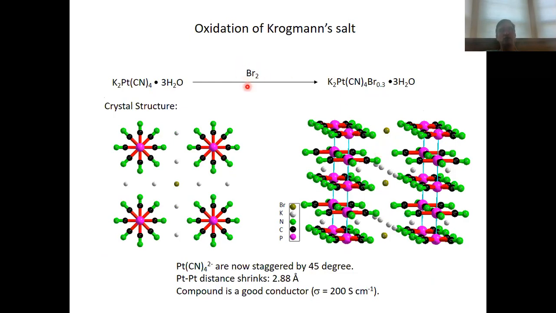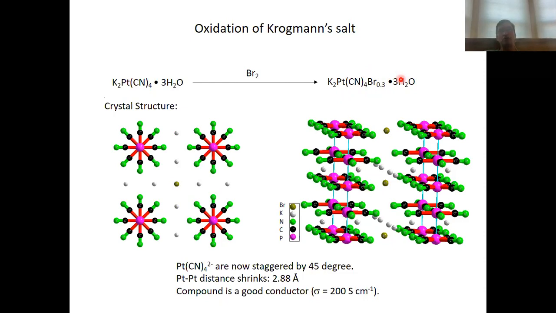Okay, so when you add bromine to that salt and you recrystallize it, then it recrystallizes with some bromide ions in the crystal structure, and the crystals have overall the composition K2Pt(CN)4Br times 3H2O, which means that you now have also 3 hydrate water molecules in the crystal.